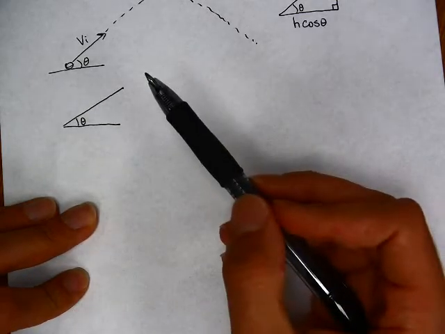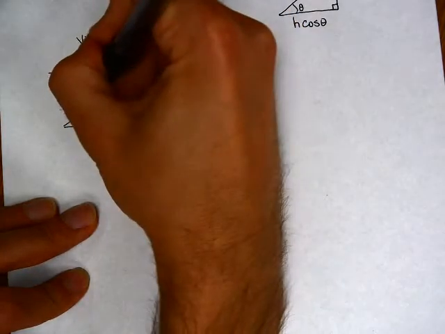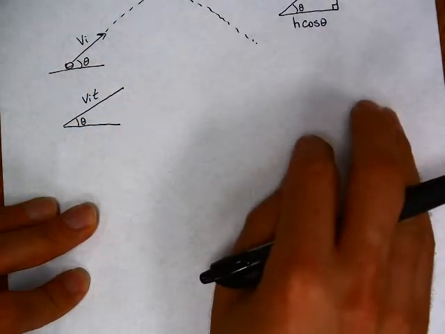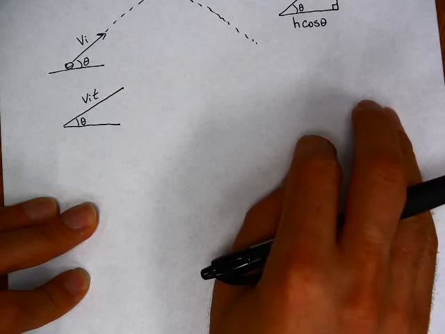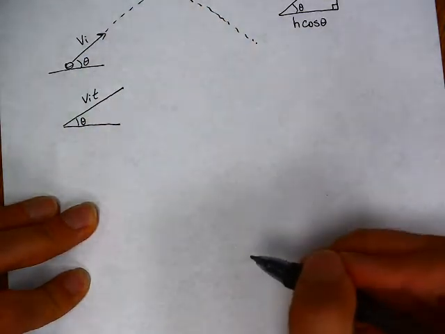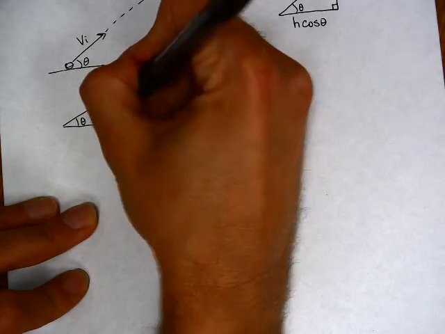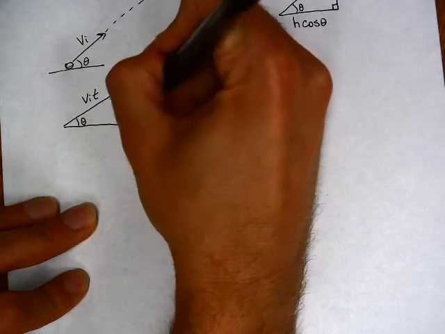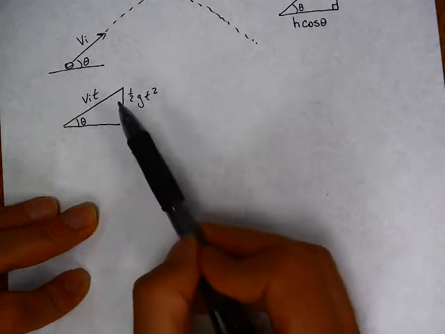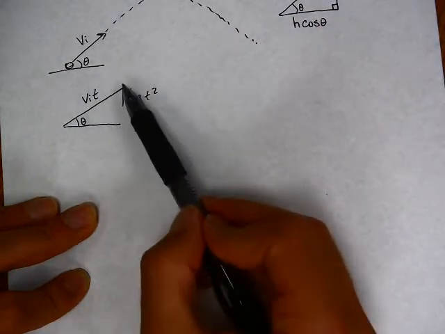And the distance it traveled would be VIT. However, it does deviate from that line. It falls downward from that line a distance of 1/2 GT squared. And so we can imagine that actually at time t the object is here and not here.